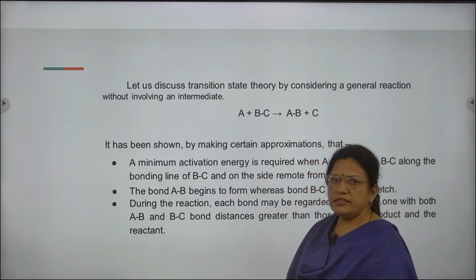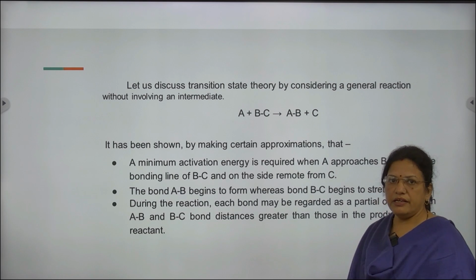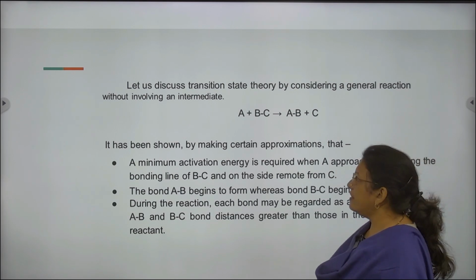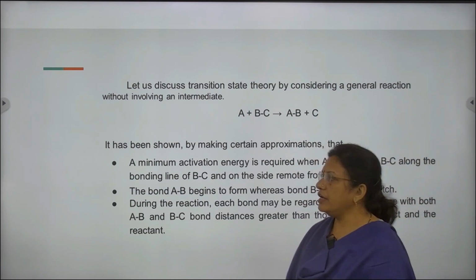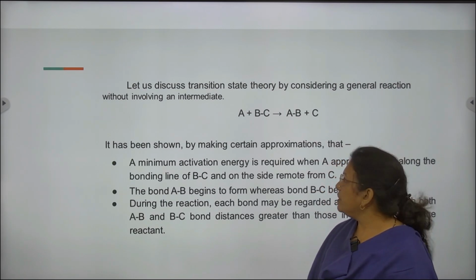Let us discuss transition state theory by considering a general reaction without involving an intermediate.